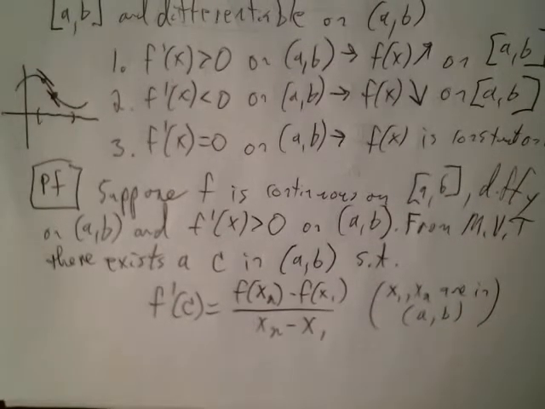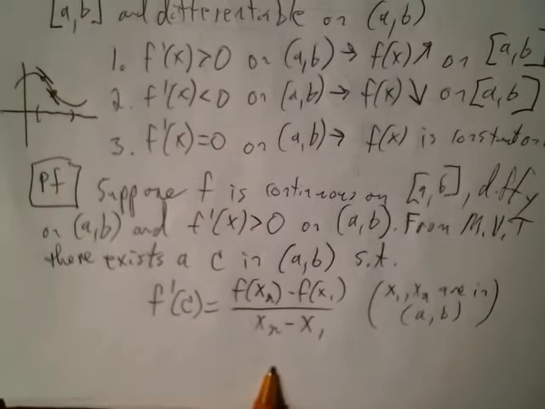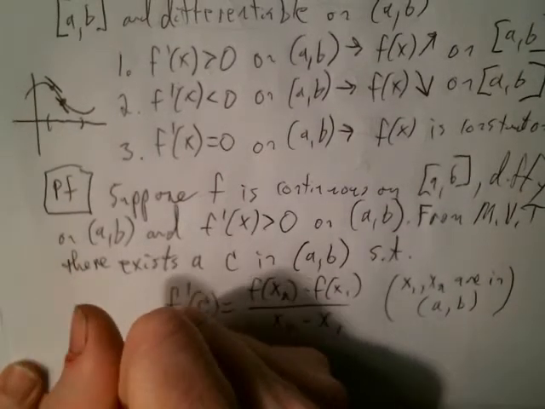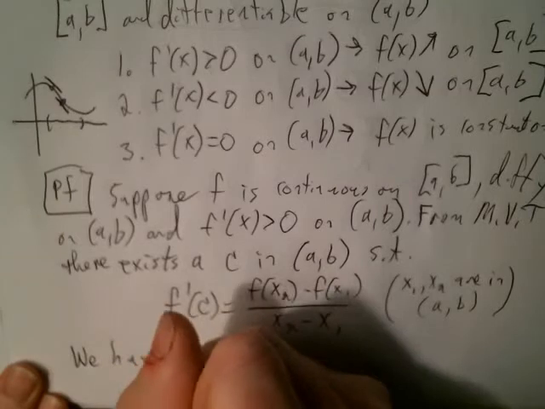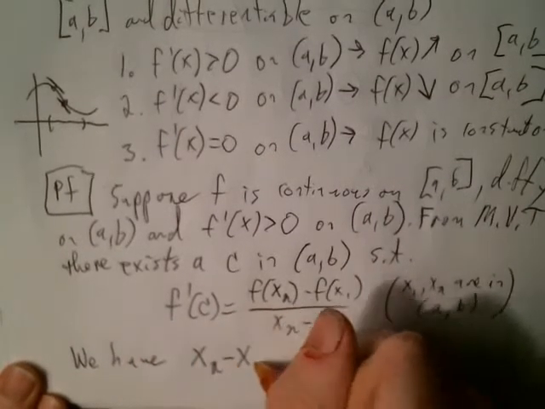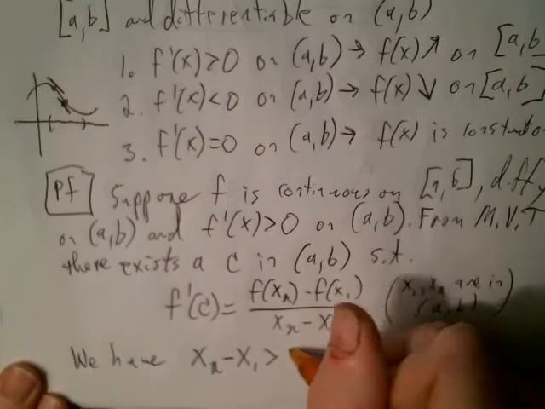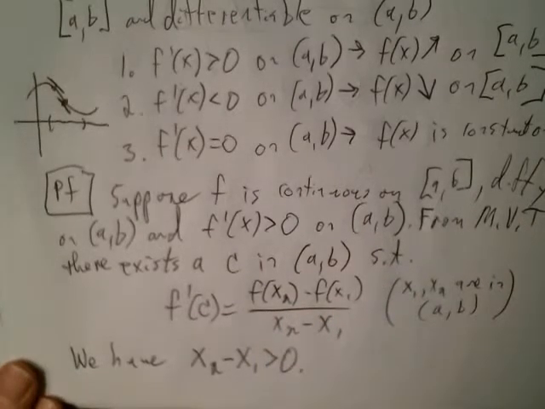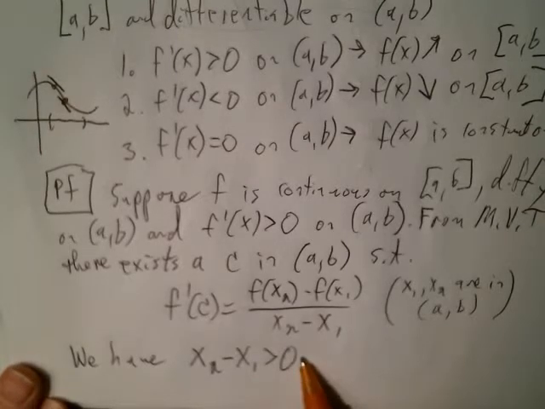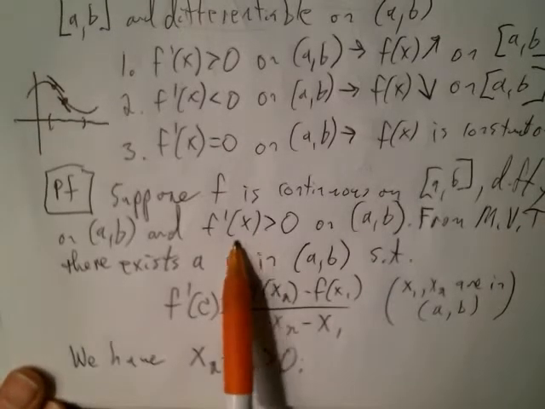Okay, so supposing that x1 is to the left of x2, in other words, x1 is less than x2, we could say the following inequality: x2 minus x1 will be greater than 0. We have already supposed that f prime of x will be greater than 0.